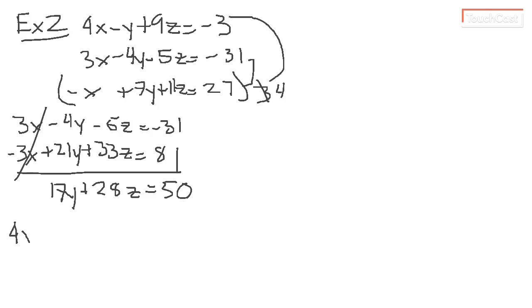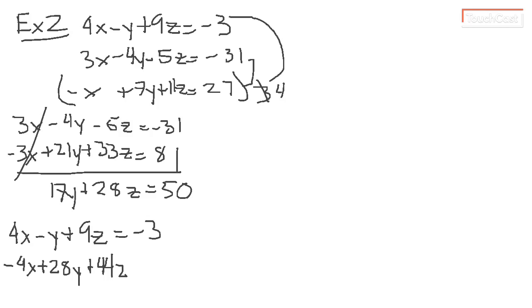So we're going to have 4x minus y plus 9z equals negative 3, and if we multiply the entire bottom equation by 4, we're going to get negative 4x plus 28y plus 44z equals 108. And then we can combine those.